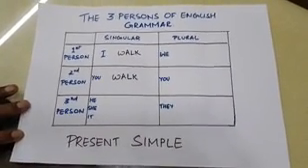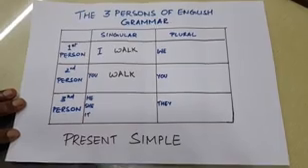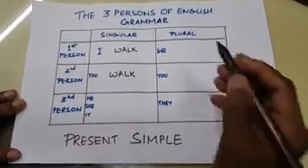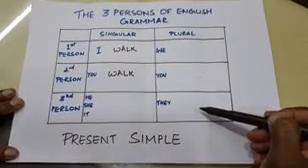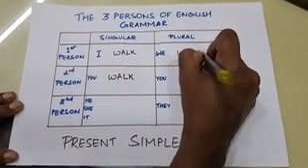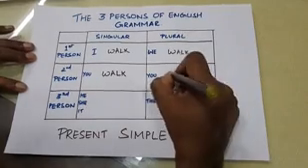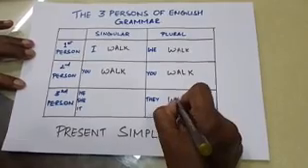The English grammar rule also says that the verb takes its base form or root form with the first person, second person and third person plural. That is, we walk, you walk, and they walk.